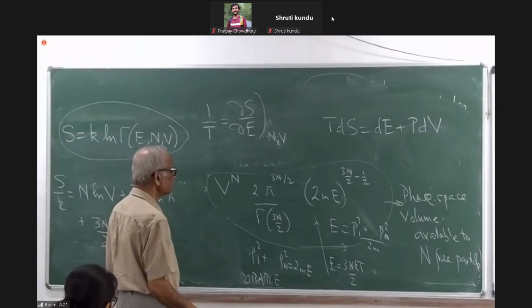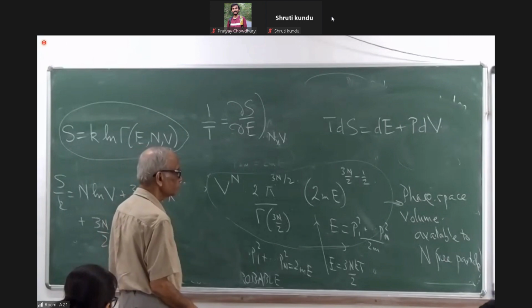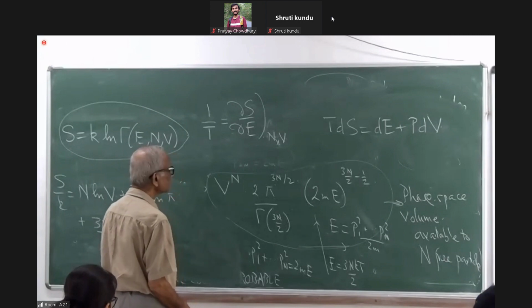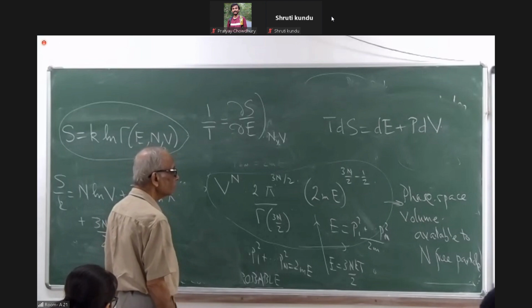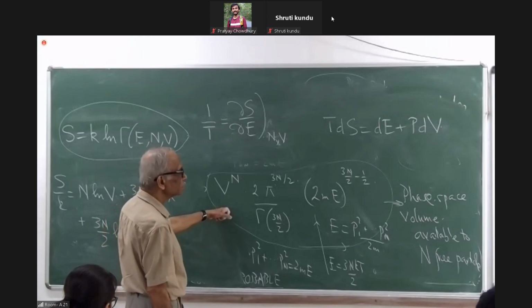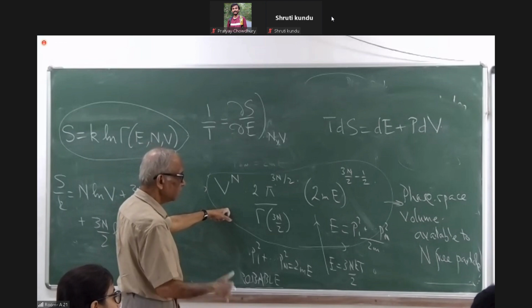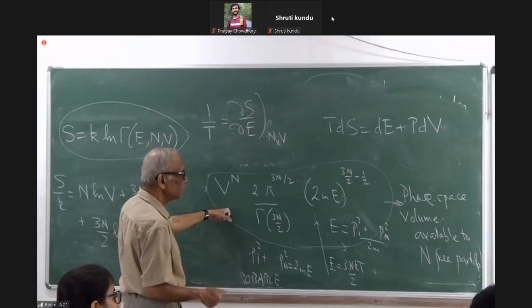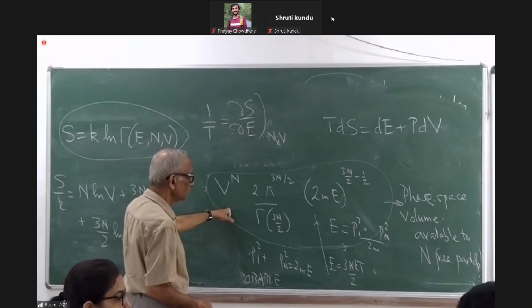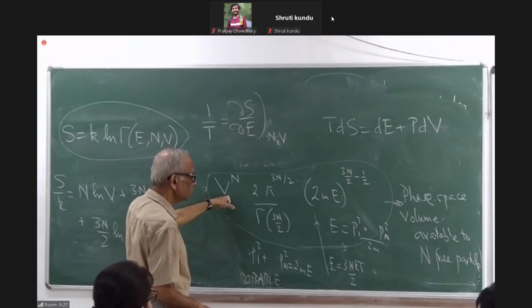There was an h which I have dropped. Somewhere, what was I calculating? This is d3p d3r, it has to be the number of states. It should have been divided by h to the power n, so this is dimensionally a bit off.